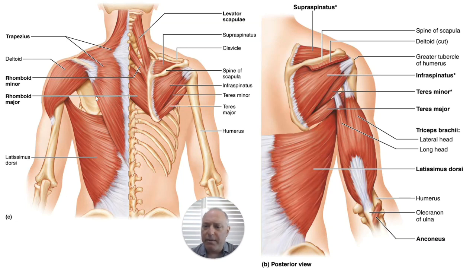Okay, looking at the back, this large V-shaped muscle is the trapezius. It goes from the neck all the way to the mid-back. The latissimus dorsi, these are also called the lats, goes under the armpit, a very large sheet.